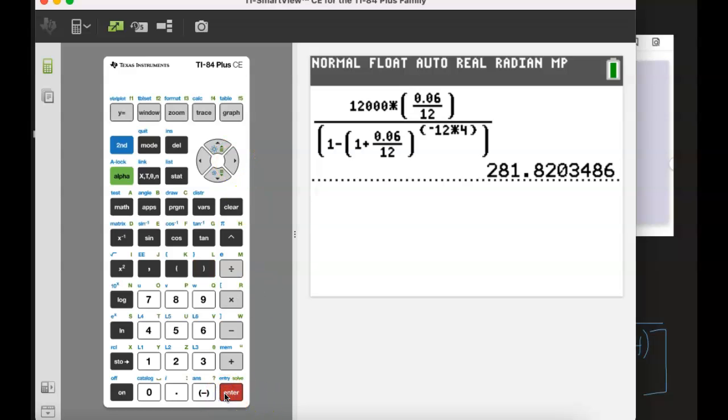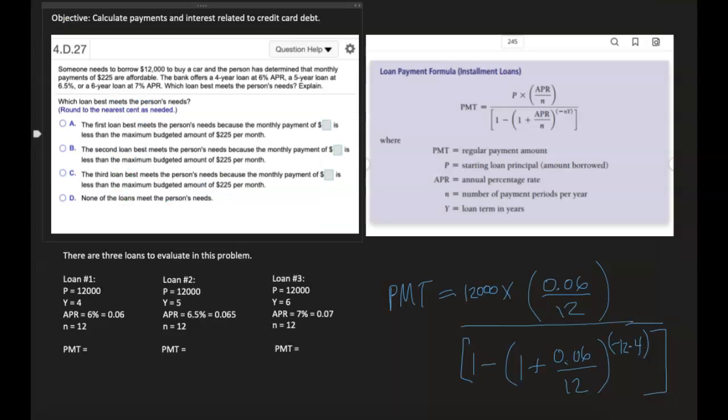And this immediately gives me the payment amount. It keeps me from having to do a lot of scratch work and remembering steps, especially in such a complex formula like this. I would highly advise to use the technology when you can use the technology. So again, that was for loan 1, and the payment was $281.82.